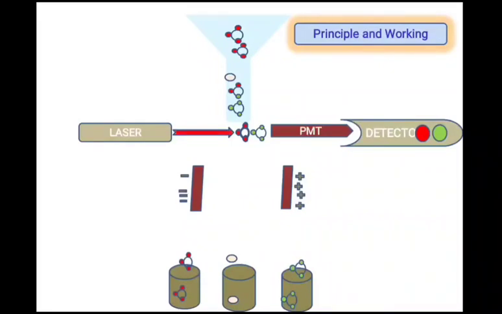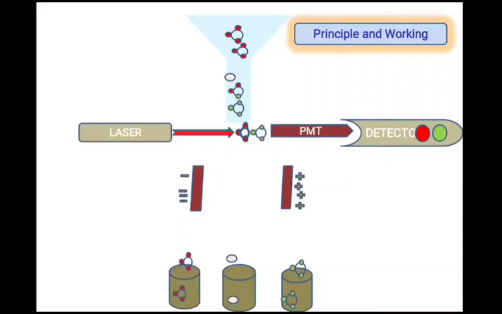Below the nozzle we have a laser source attached, which releases laser light. The laser light will fall on one cell at a time. As the cell is fluorescently tagged, it will emit fluorescence, which is detected by the PMT, that is photomultiplier tube, and we will get a signal. That signal will go to a computer attached.